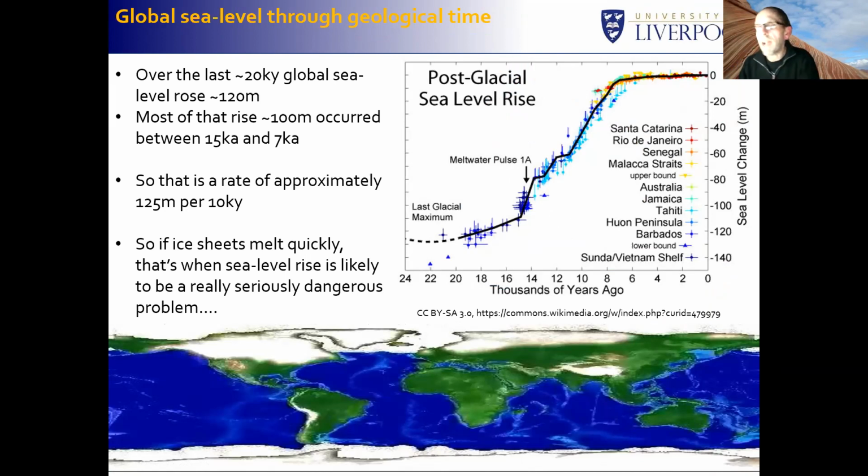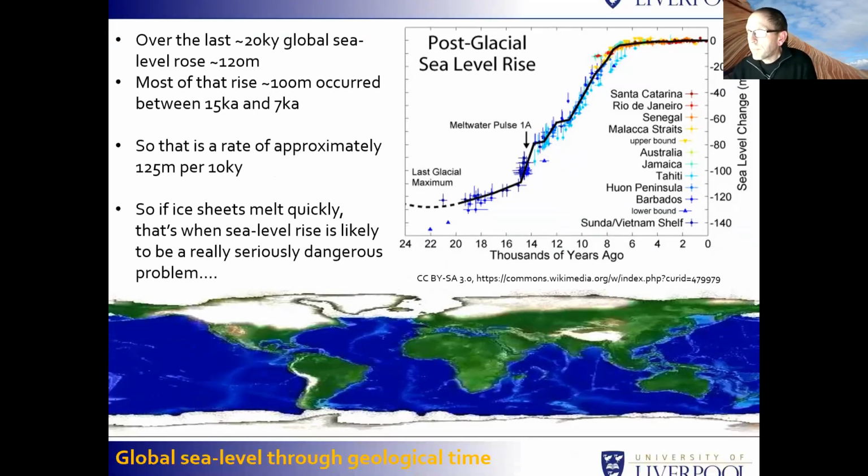Right, so coming back to that point about the ice volumes in Greenland, if that ice sheet melts fast, and it could, it's going to drive global sea level rise rates that could well be something like what we observed at the end of the last ice age. Okay. All right.